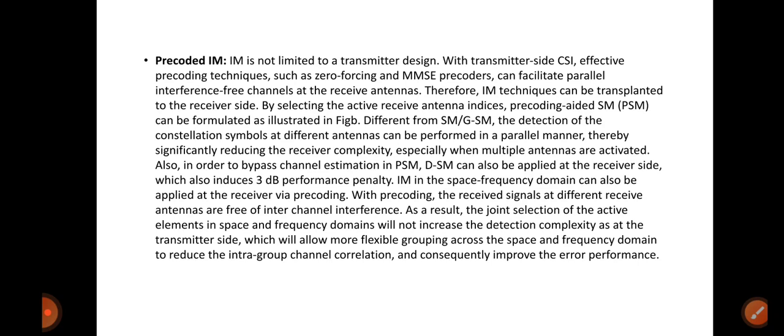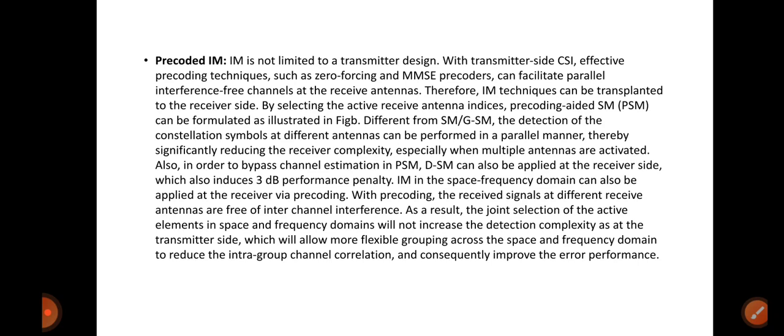Index modulation in the space-frequency domain can also be applied at the receiver via precoding. With precoding, the received signals at different receive antennas are free of inter-channel interference.